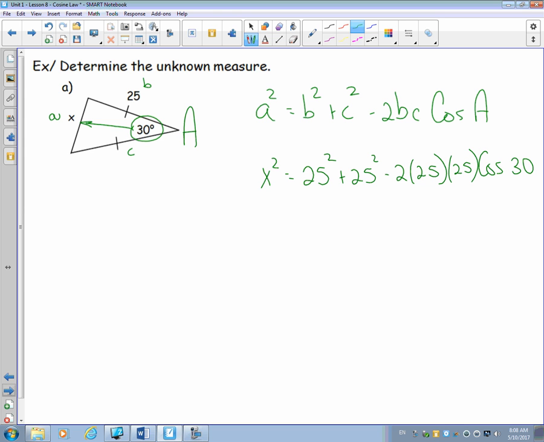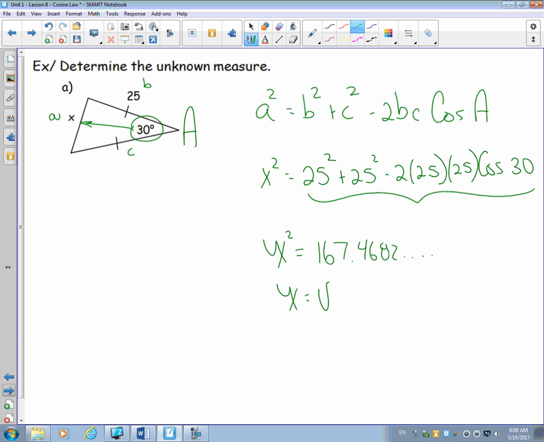The nice thing about using this formula is that x is already isolated. It's all on one side. So I can put all of this into my calculator at one time. And if I do that, you should get an answer like 167.4682 and so on. But that's x squared. I don't want x squared, I want x.